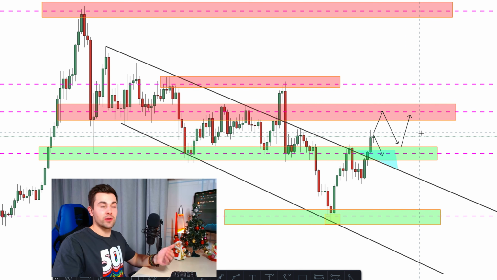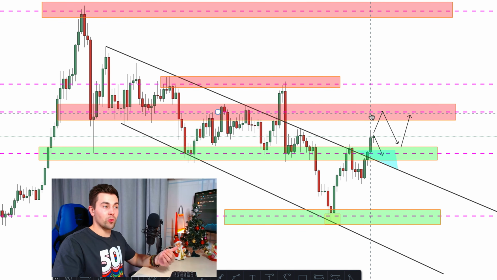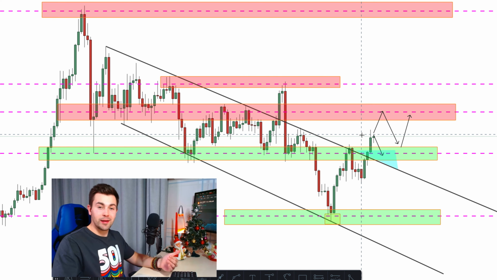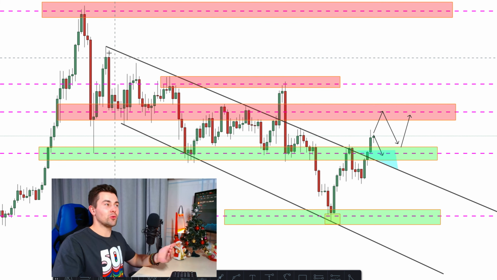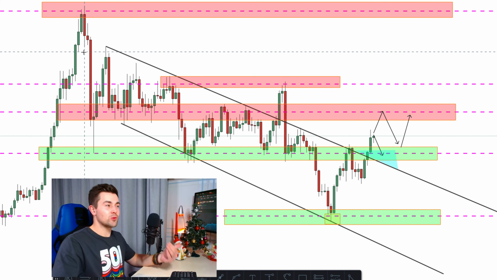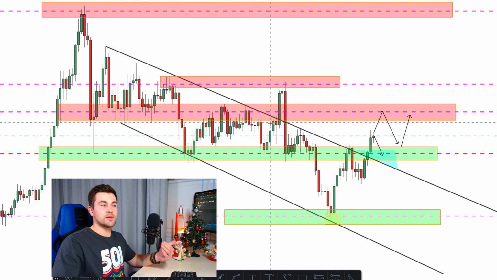Why? Because occasionally key levels are broken. So if we just blindly trade them, if we just buy and sell them, not considering the intraday price action, we are risking. As we already discussed, even the strongest key levels sometimes are broken. So for that reason, always look for reaction.